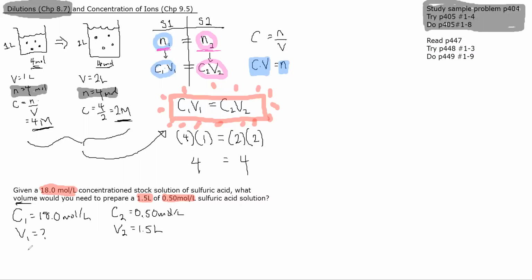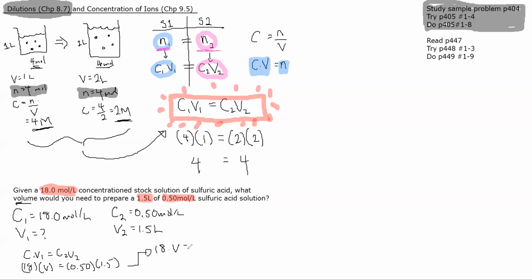Anyways, let's apply this formula. C1V1 is equal to C2V2. 18.0 multiplied by V is equal to 0.50 multiplied by 1.5.